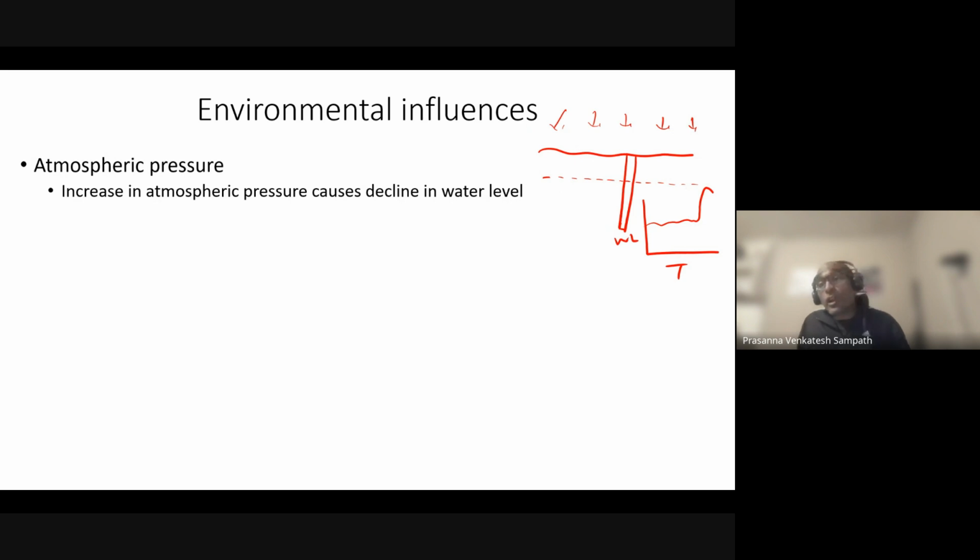A lot of people, when they see this, assume that this rainfall has entered into the ground and reached the water table and caused the water table to go up. When they see the sudden jump in the water level in the well, people mistake this.